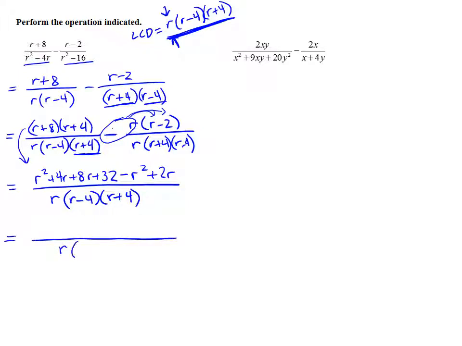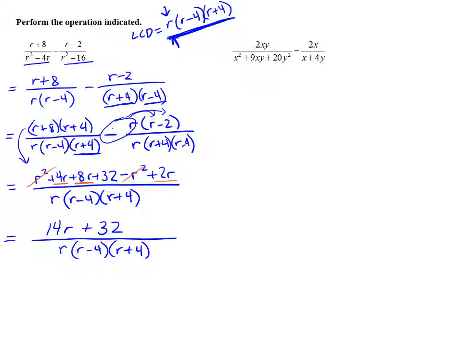My denominator doesn't change, so I'll leave it as is. And then collecting like terms. R squared here, and I'm going to check these off to show them, minus r squared is going to be 0. And then I'm going to have 4r, 8r, and 2r, which is 14r. And then I only have one constant term of plus 32.